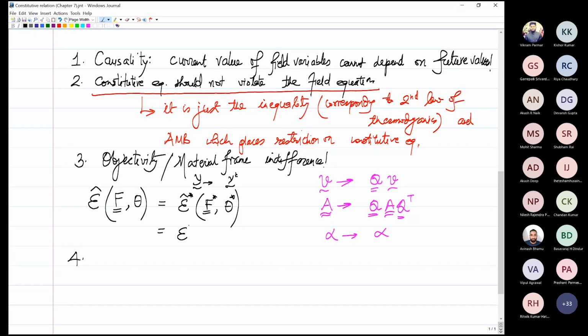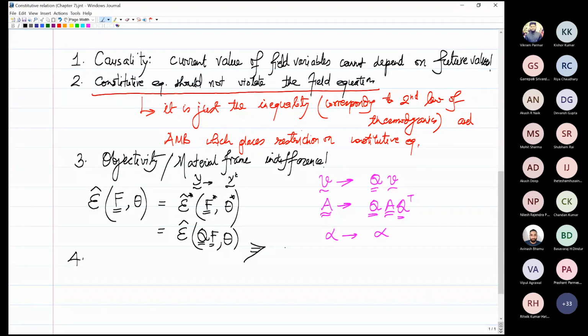But since the constitutive function has to be the same, like we said, epsilon hat star is same as epsilon hat. The function, because it's a scalar, has to be the same. And then F star is then Q of F, right? We know that. And theta star is same as theta.